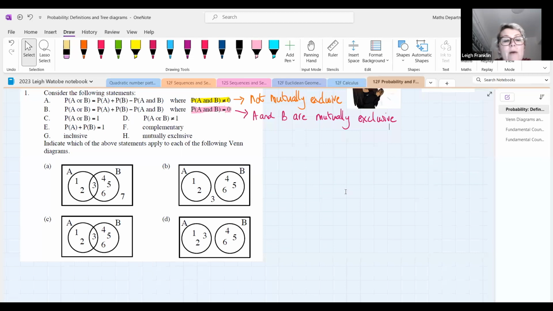All right, so if you have a look at Venn diagram D, everybody, there we would see an example of complementary events. Okay, so what I could say is that the complement of A, whatever is not A, is B, and whatever is not B is A. So they would be complementary events.